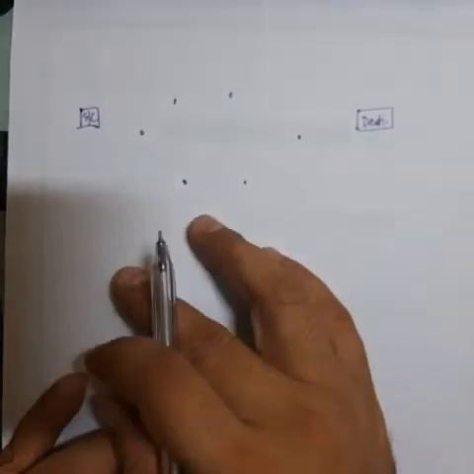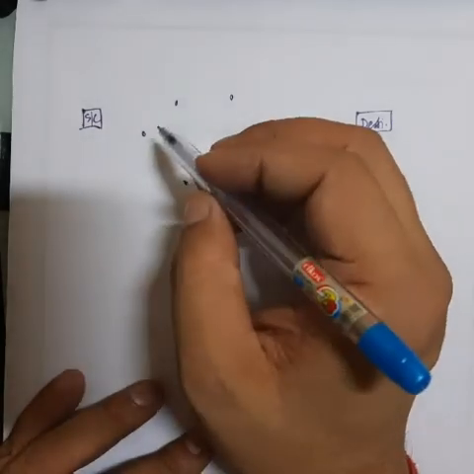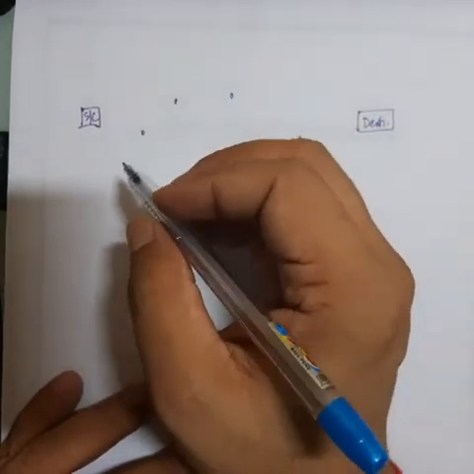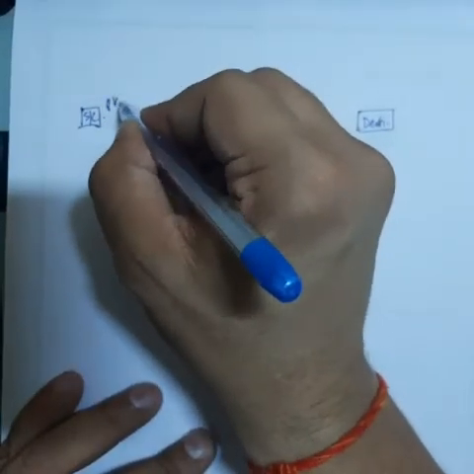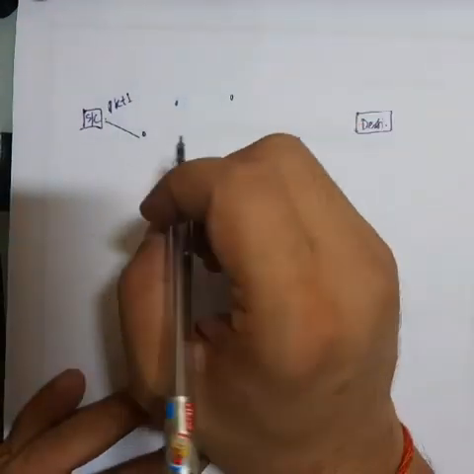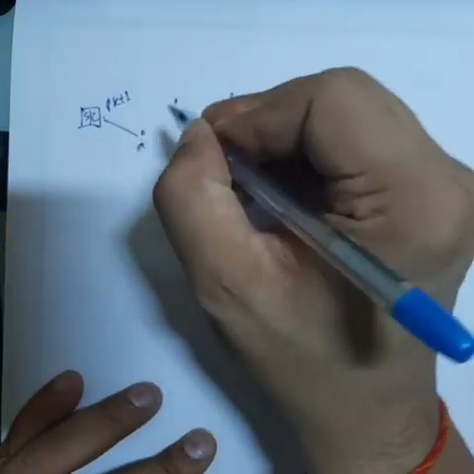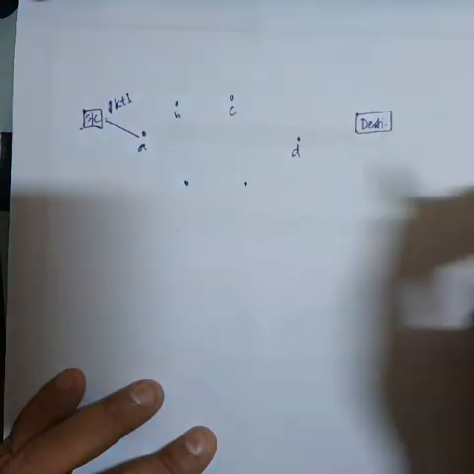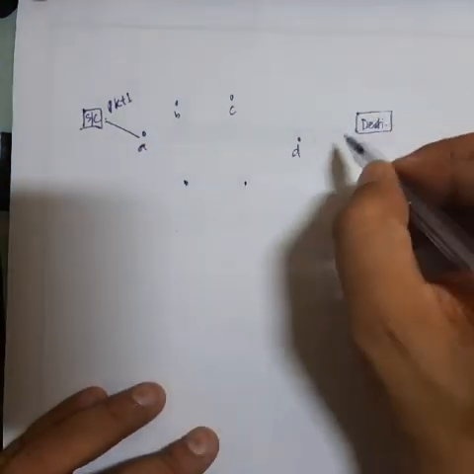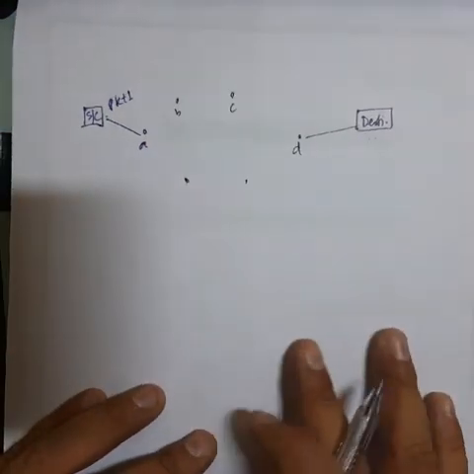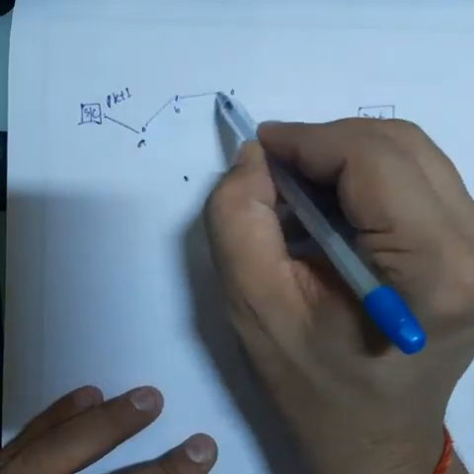In a network, suppose the source transmits packet 1 and the definite route is A, B, C, D, and after that it can be transmitted to this. So the definite route is this.